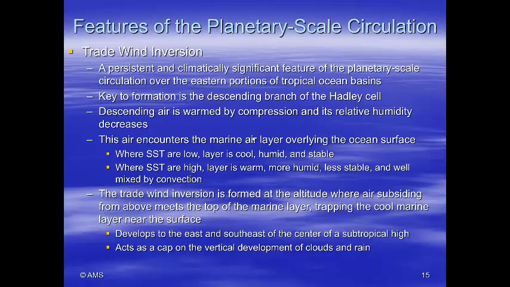The trade wind inversion is formed at the altitude where the subsiding air from above meets the top of the marine layer, trapping this cool marine layer near the surface. So it develops east and southeast of the center of the tropical high, and it acts as a cap on the vertical development of clouds and rain.